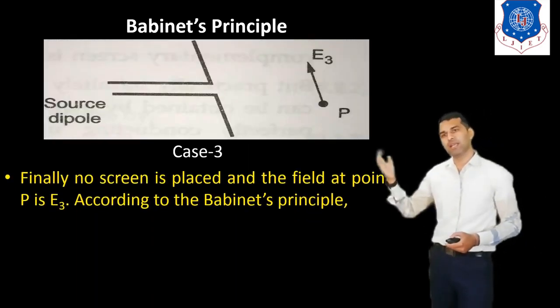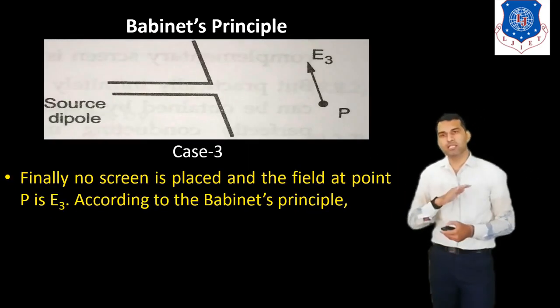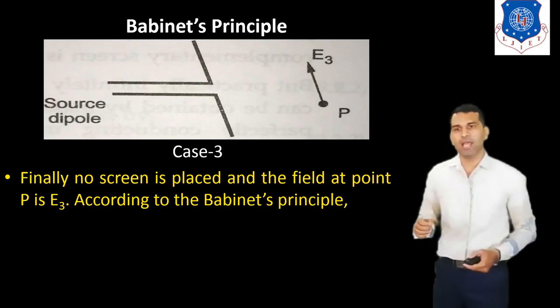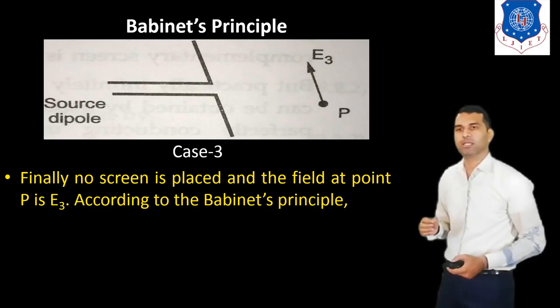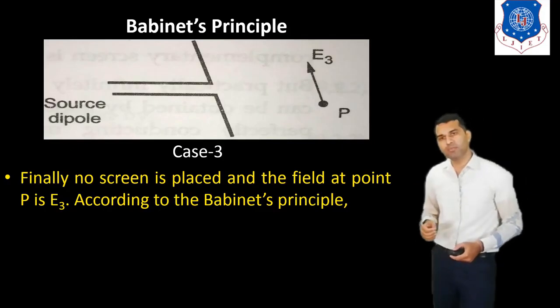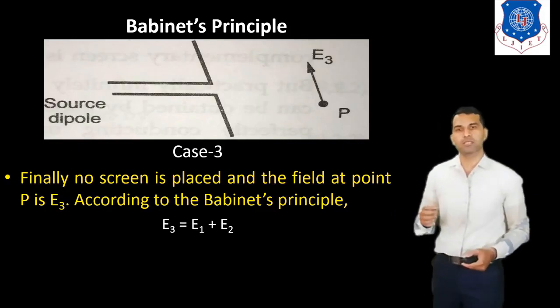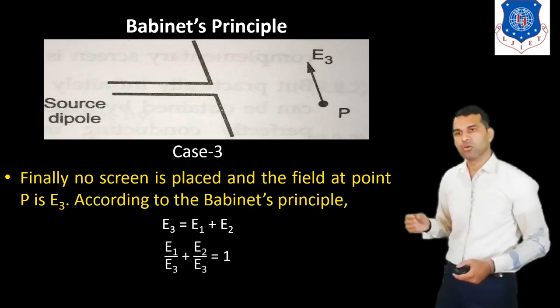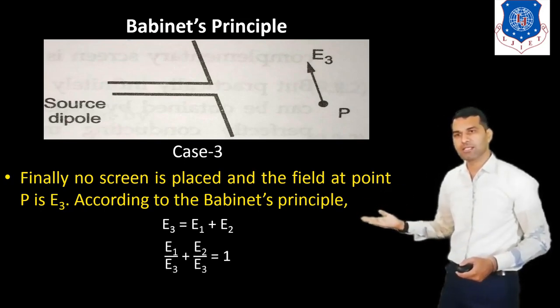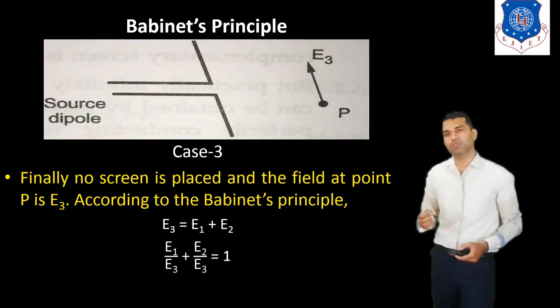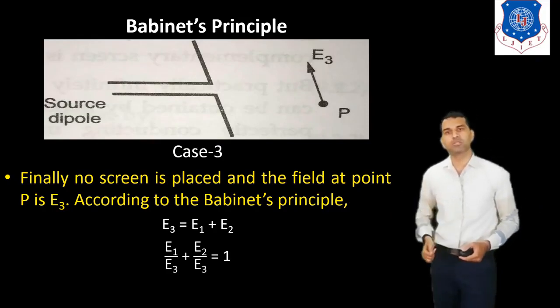And finally, in case 3, no screen is placed and the field at point P is E3. So according to the Babinet principle, we can write E3 equals E1 plus E2. So simply we can write this equation as E1 by E3 plus E2 by E3 equals 1.